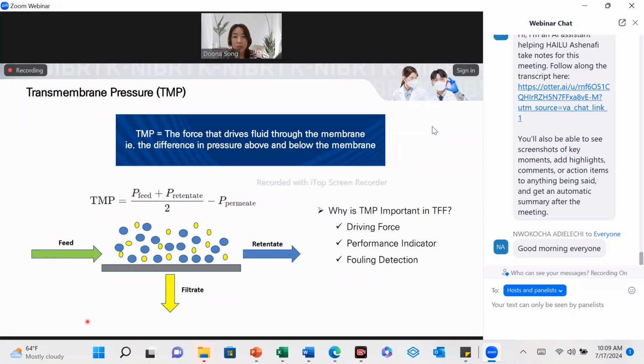And TMP can detect fouling. If TMP increases over time, it can indicate the membrane is getting fouled and caked. This means contaminants are blocking the membrane pores, which can reduce efficiency. So understanding and monitoring TMP is crucial for ensuring the TFF process runs smoothly and effectively.